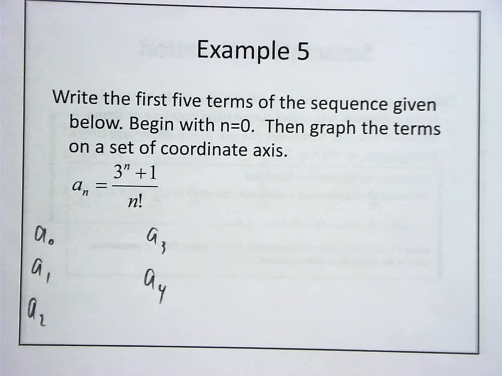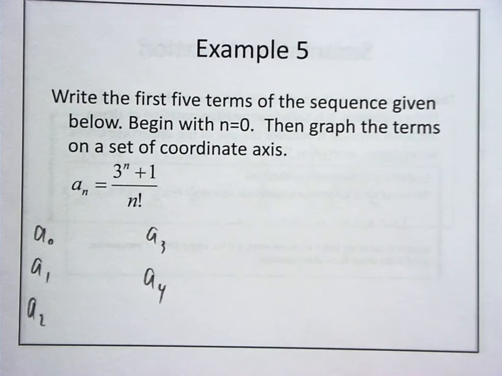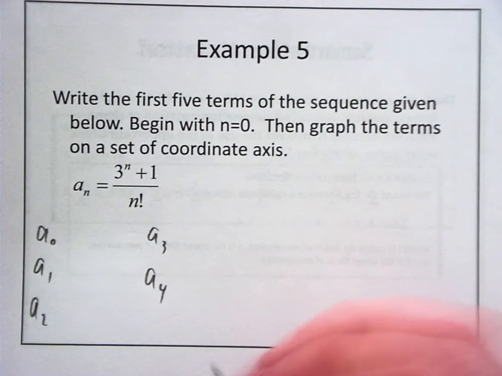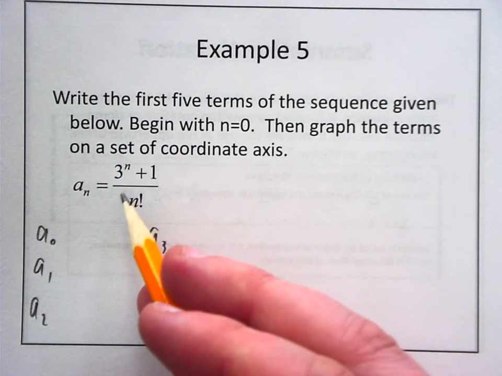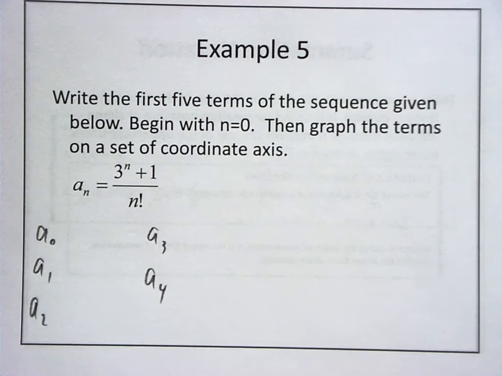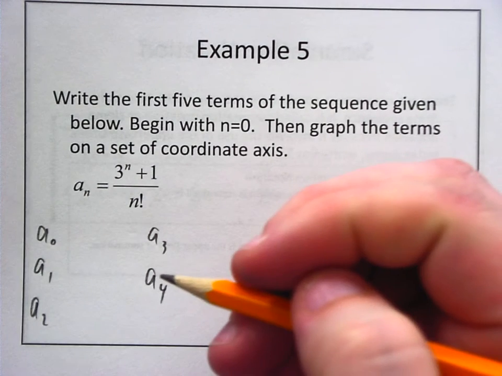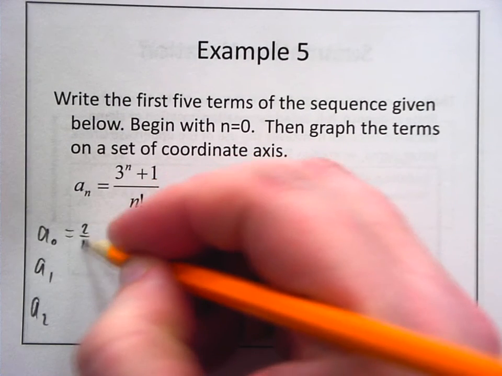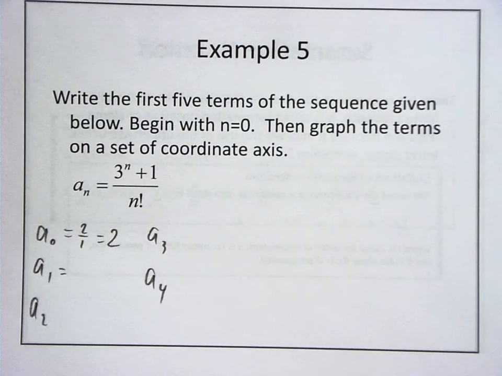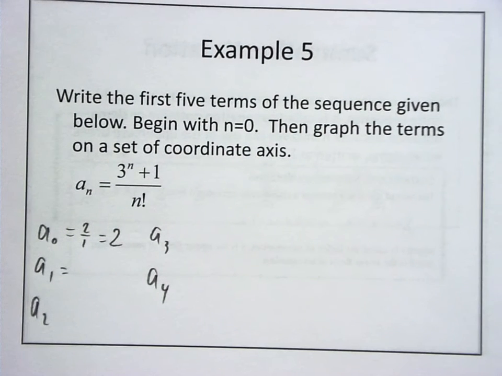And then I want to graph it. What is a sub 0? So if I plug these in, 3 to the 0 plus 1 would be what? Over 1. So this is 2 over 1 or 2. What would a sub 1 be?